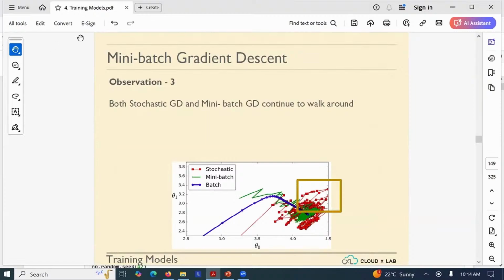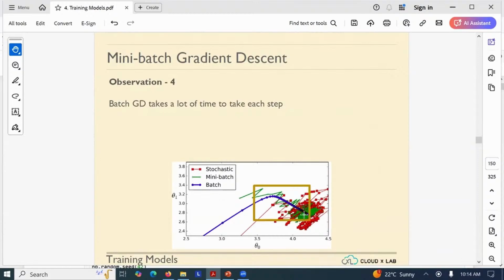So both stochastic gradient descent and mini batch gradient descent continue to walk around, and the reason is that the gradient is noisy, not as accurate as in batch gradient descent. So even after reaching the optima position, these two will continue to walk around it, right?